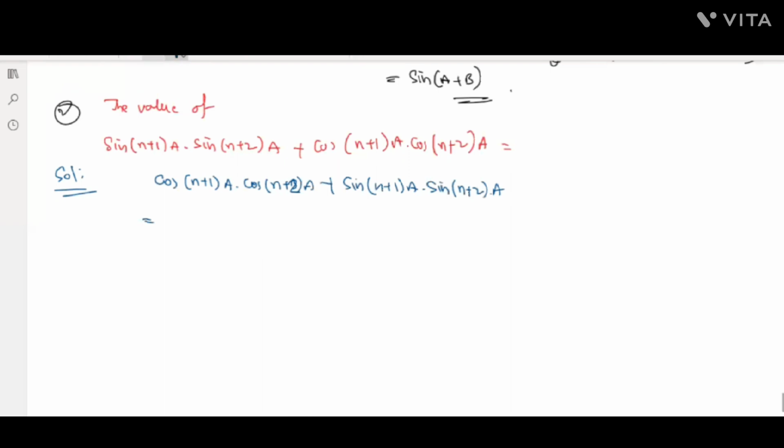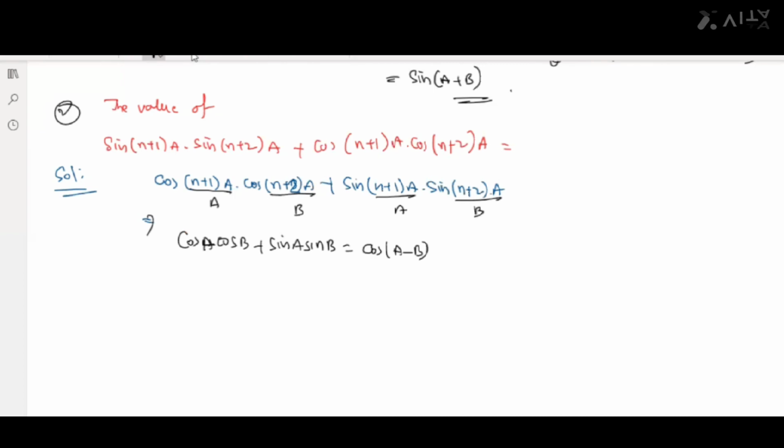If you assume this as a and this as b, then we get cos a cos b plus sin a sin b, whose formula is cos (a minus b).